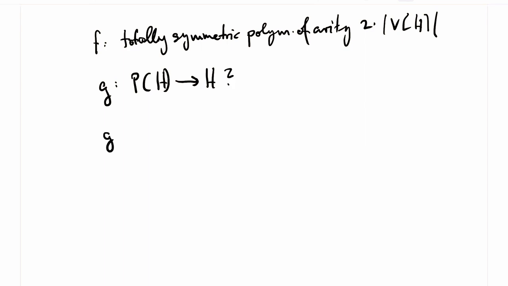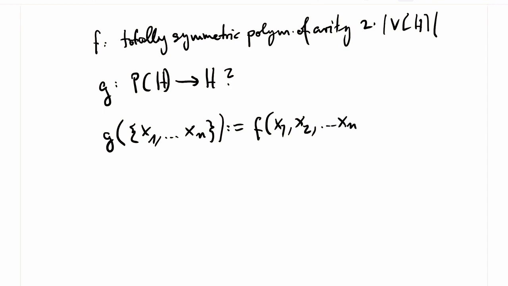If we are given a non-empty subset of vertices of H, let's call it x1 up to xn, I map it to f of x1, x2, and so on until xn.